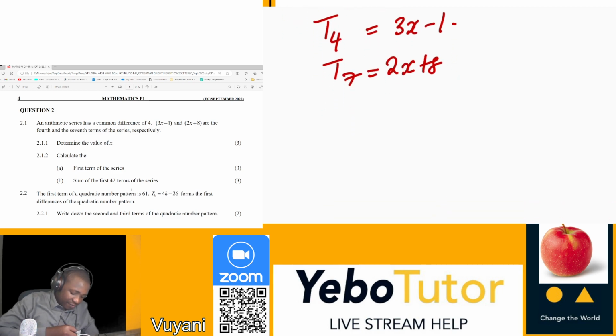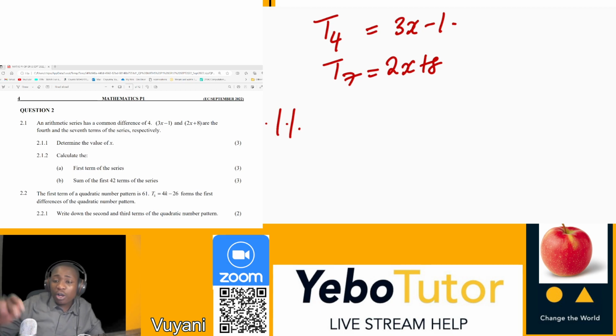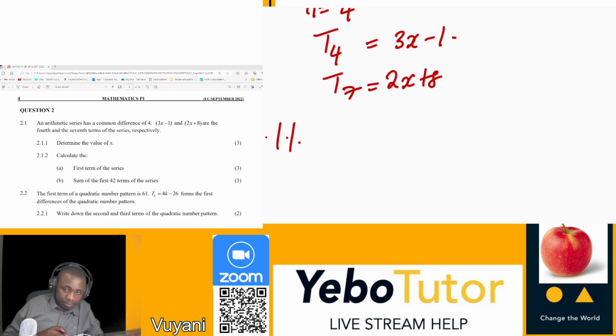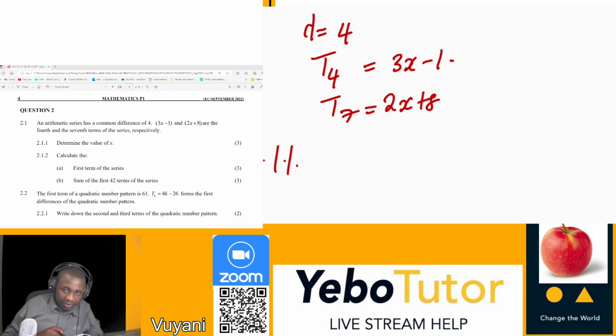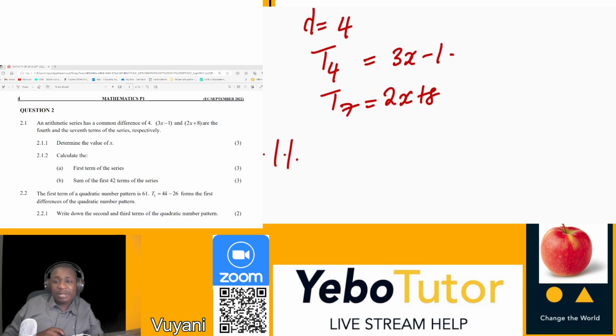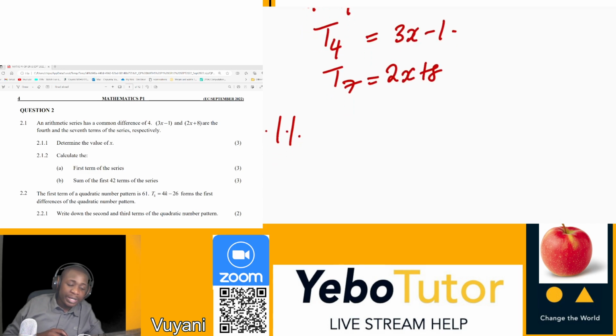Wow, these guys have quite a lot of time on their plate, because we now know how to determine the value of x. We are given a common difference, d equal to 4, then t4 equal to 3x minus 1, and t7 equal to 2x plus 8.